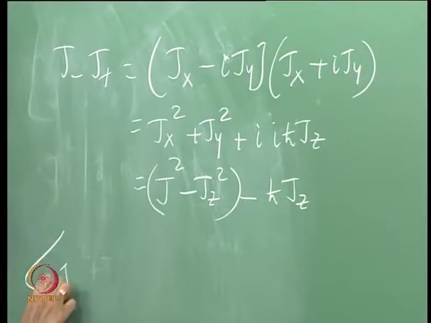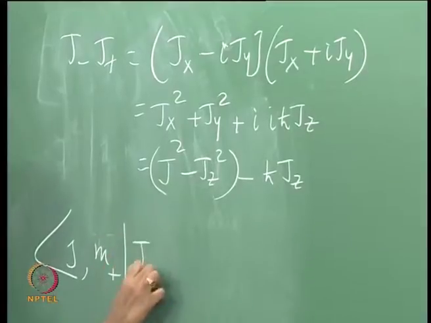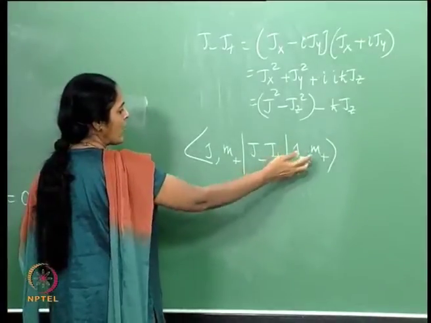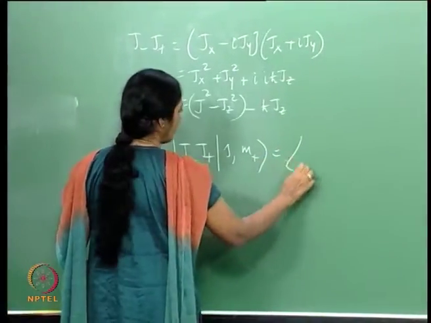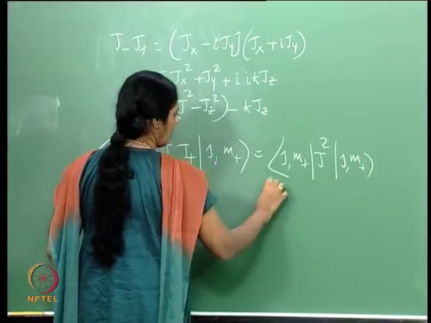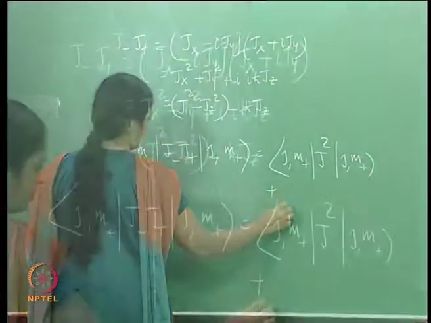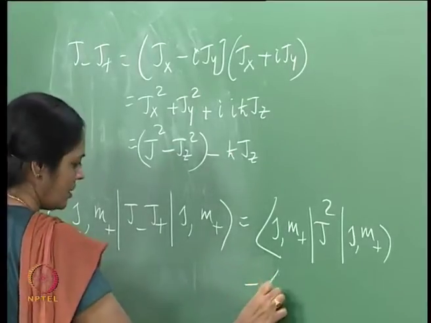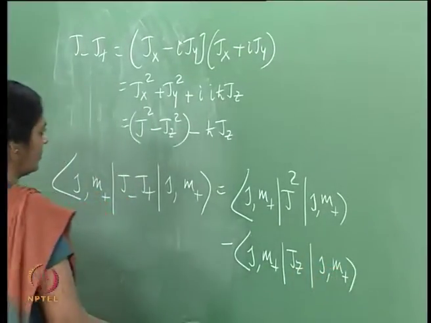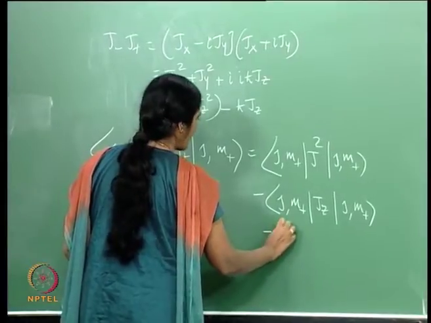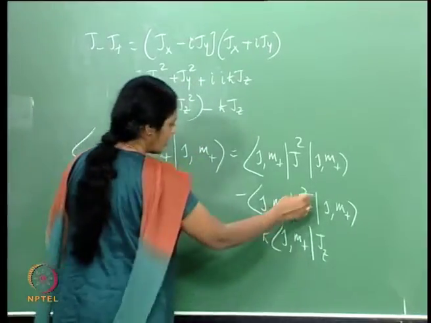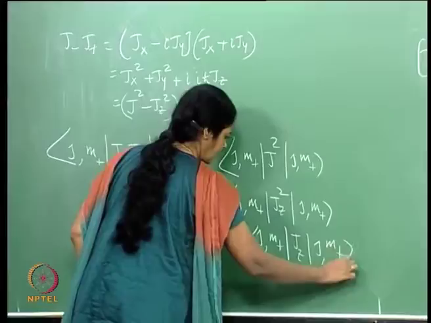I therefore feed that in there, and I have j minus j plus sandwiched between these states is the same as j m plus j squared j m plus, minus j m plus jz squared j m plus, minus h cross j m plus jz j m plus.